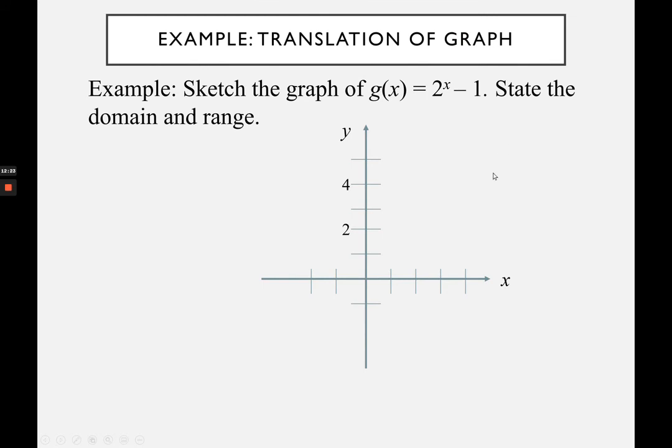Now, let's deal with what if your function has different values. We are now dealing with translation. So the same graph a while ago, 2 raised to x, but this time with -1. What happens?